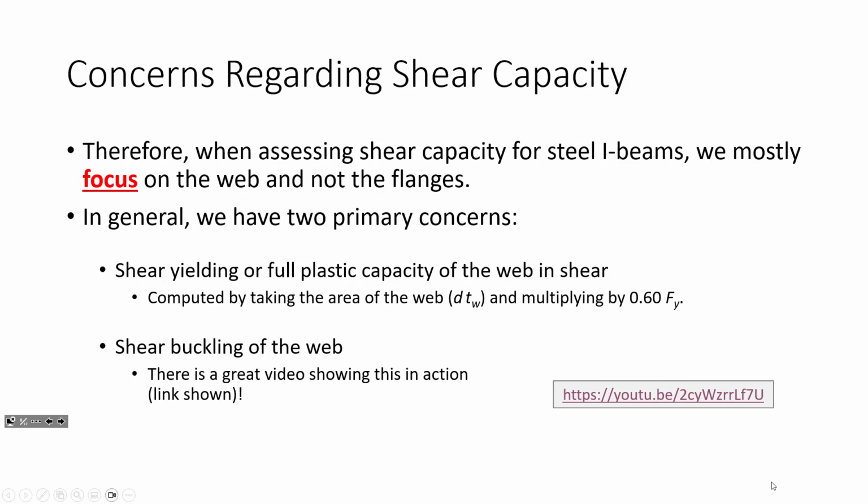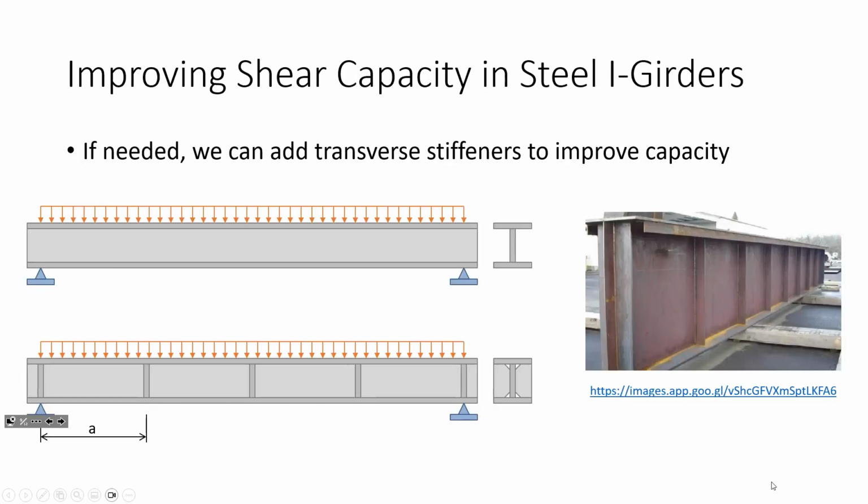So how do we get around fixing this? Well, if you have a shear problem in the real world, you fix it one of two ways. You either make the web thicker or you include shear stiffeners. One of the things you ought to check out is, if you're ever driving around and you see an old steel plate girder bridge, and when I say old, I mean something maybe from the 50s, 60s, 70s, take a look at the steel beam.